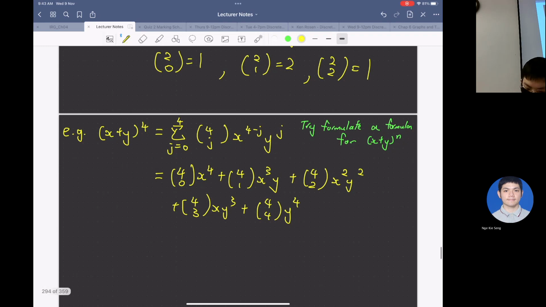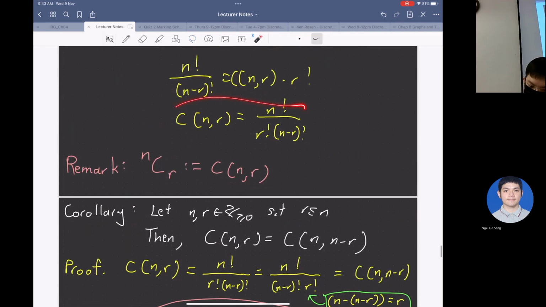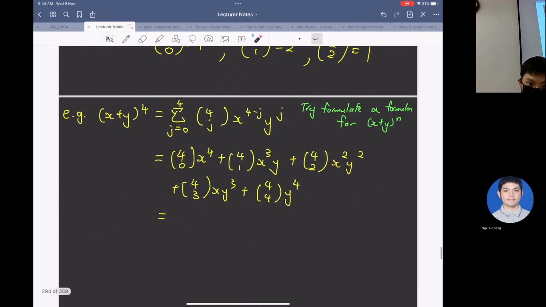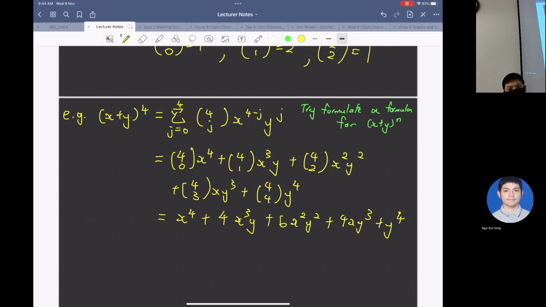So how to compute the binomial coefficients? You just use 4 choose 0, 4 choose 1, 4 choose 2, 4 choose 3, 4 choose 4, and the formula already tells you. You just plug it in and compute. In this case, you get 1, 4, 6, 4, 1.